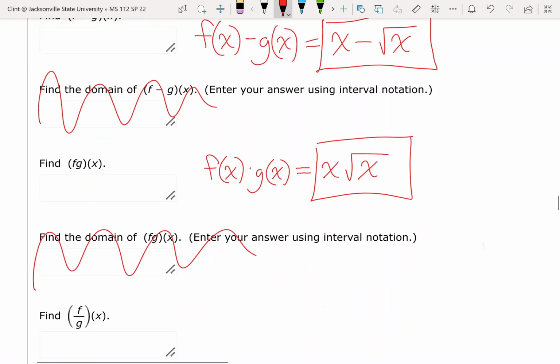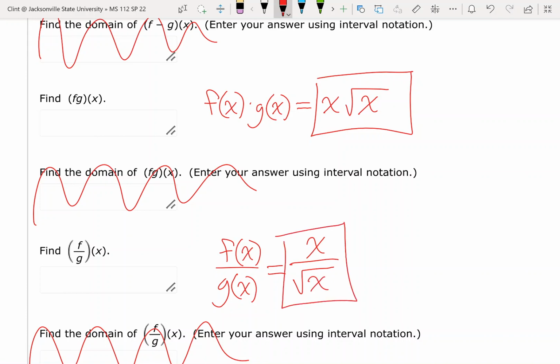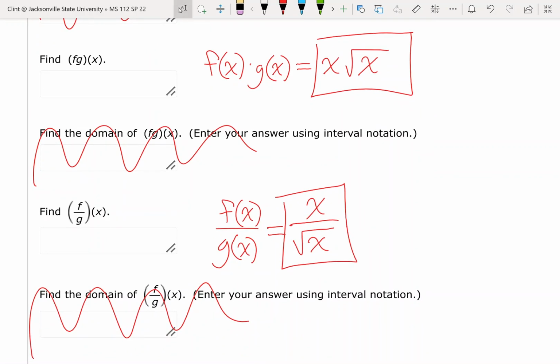And then for division, have f of x over g of x. X over square root of x, and it's fine if you leave it like that. Okay. Questions?